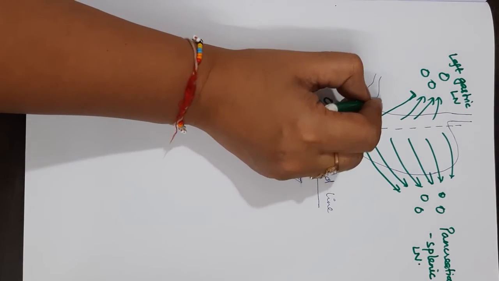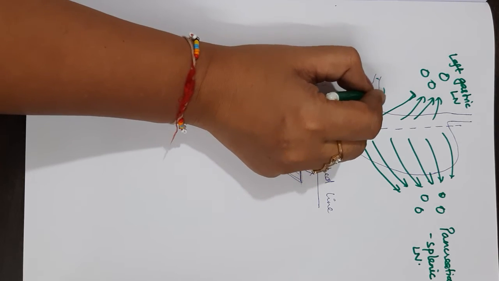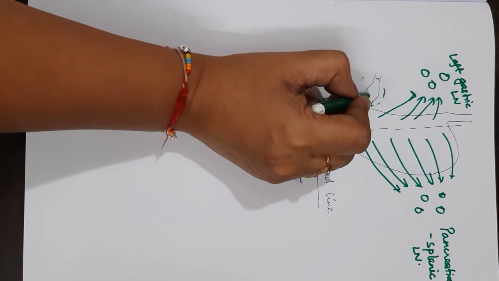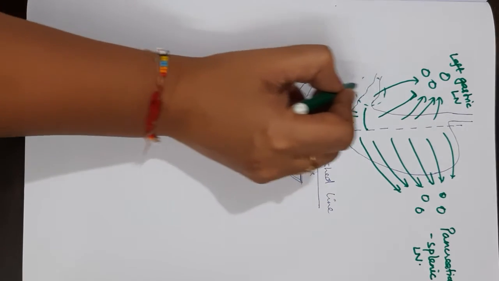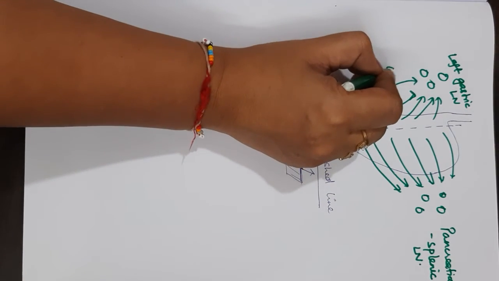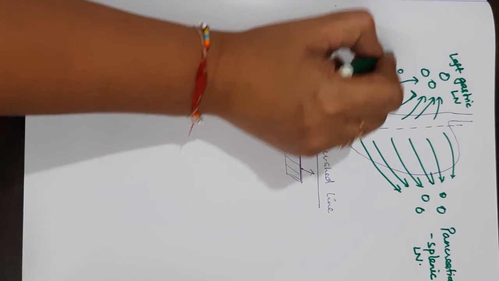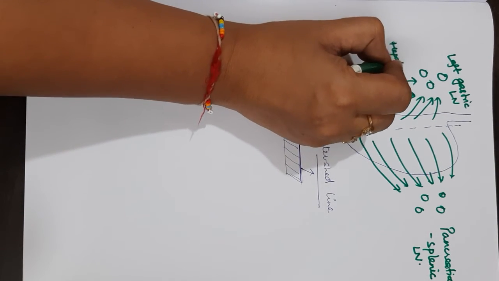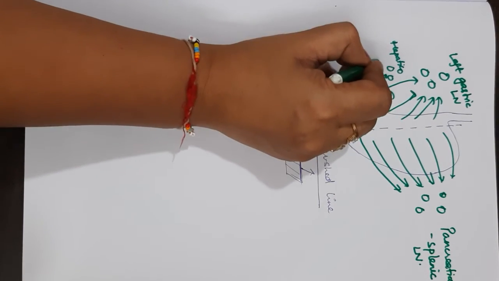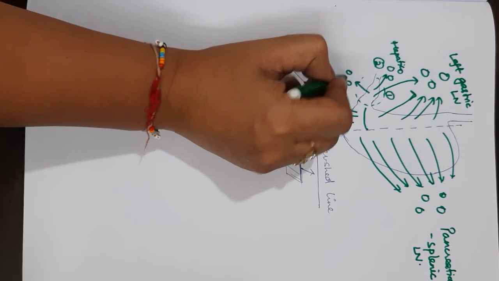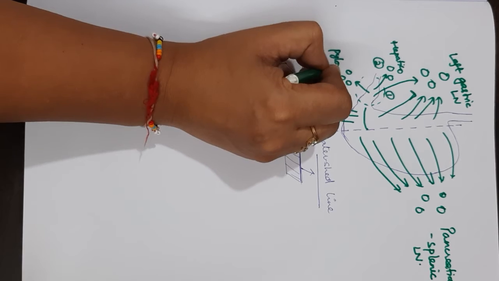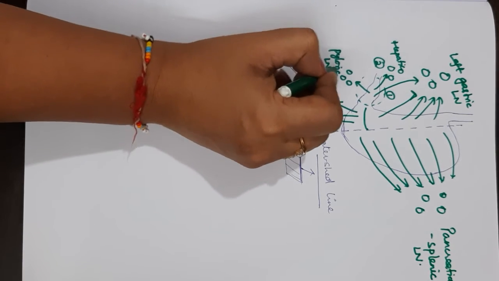From the pylorus of the stomach, the lymphatics can drain either in the left gastric group of lymph nodes, or in the hepatic group of lymph nodes, or into the pyloric group of lymph nodes.